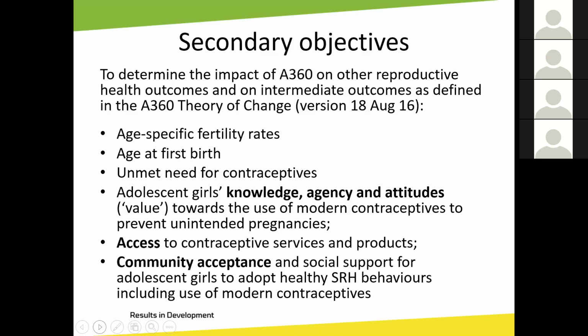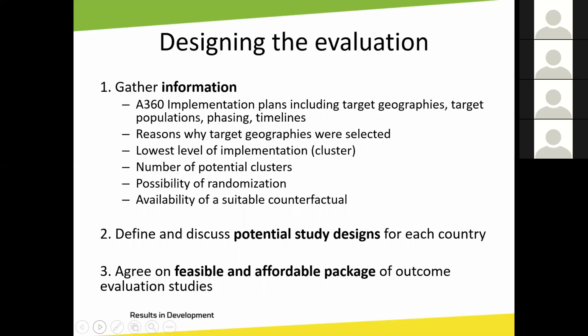So I should stress that this list is probably still up for discussion as we haven't finalised our protocols, but these are the main outcomes that we're thinking of as secondary outcomes. So we're not quite so far on as the process evaluation.